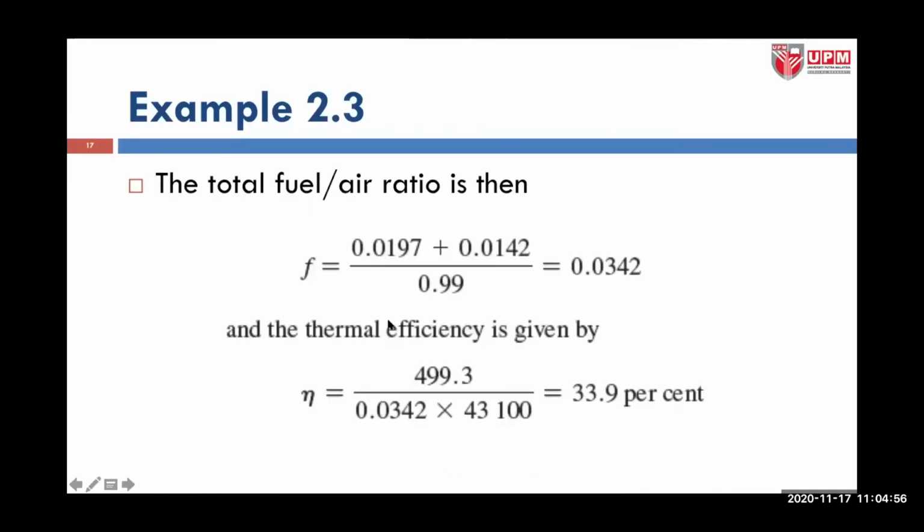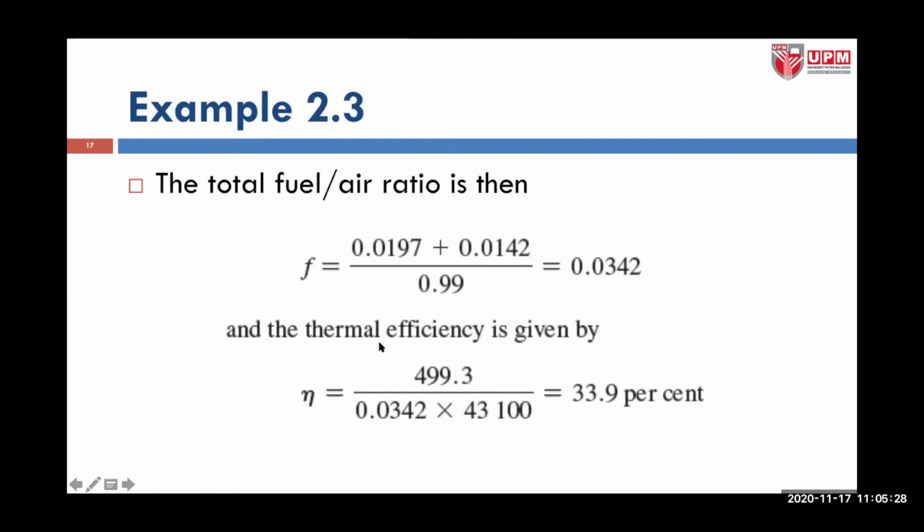And from the theoretical fuel to air ratio, for both combustor number 1 and combustor number 2, divided by the efficiency of the combustion chamber, 0.99, we will get the true value of the fuel to air ratio, which is 0.0342 for both combustion chambers.